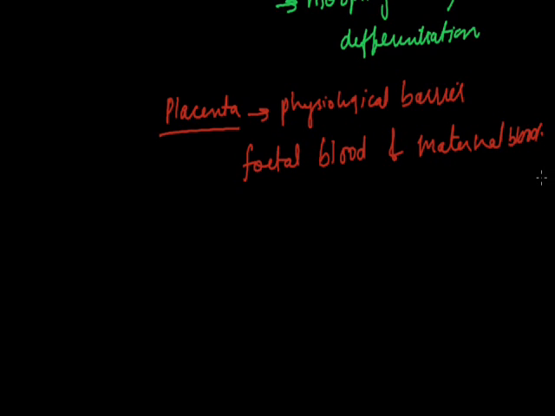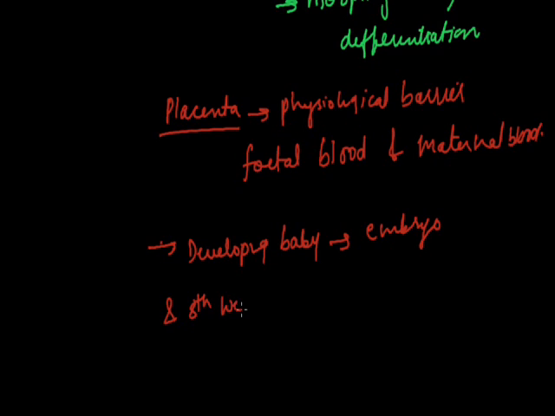Basic structure of baby is generally formed during the first 3 months of pregnancy. During the first stage of development, from the moment of fertilization, the developing baby is called an embryo, and from the 8th week onwards it is called a fetus.